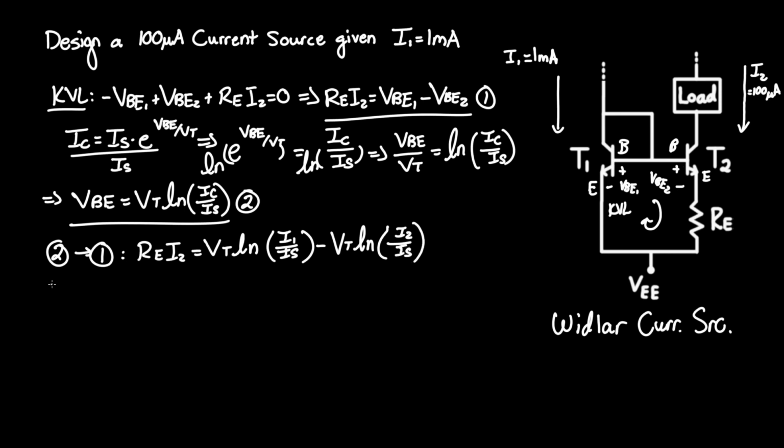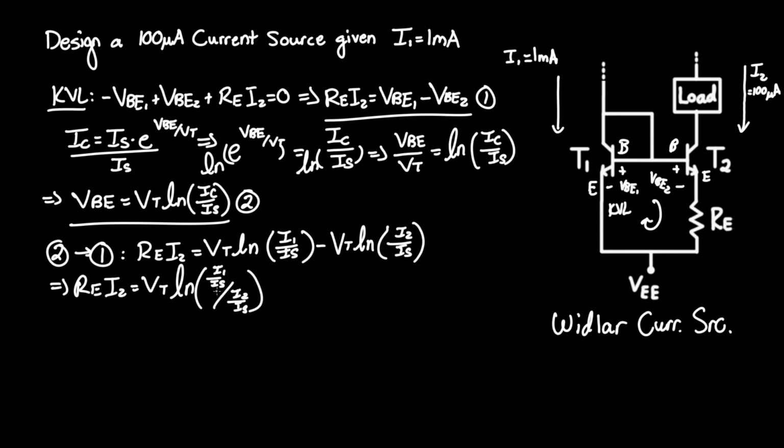Factoring out VT, we can reorder this to make the natural log of I1 over IS, over I2 over IS. So we know that subtracting two logs from each other, you can take what's inside the first log and put that over what's inside the second log, as we did here.